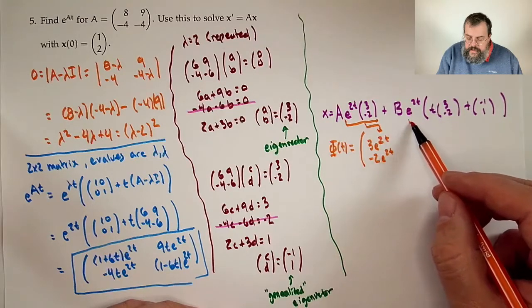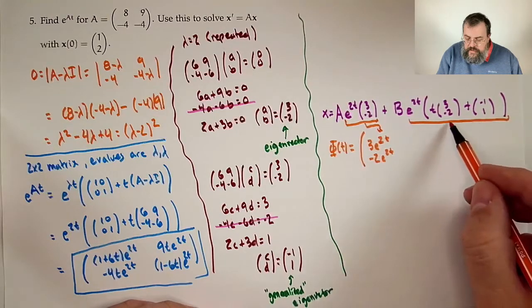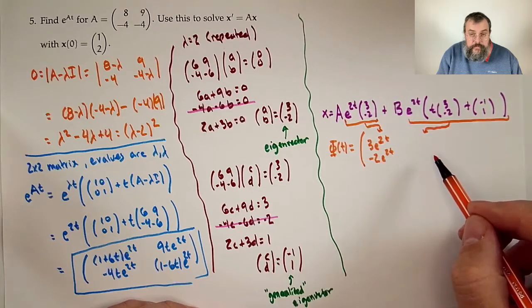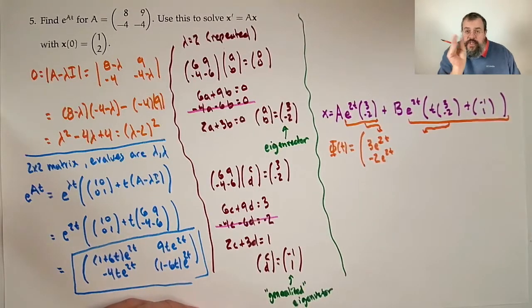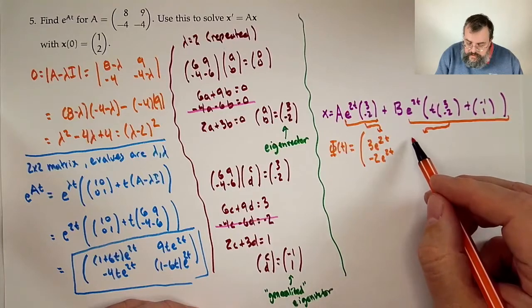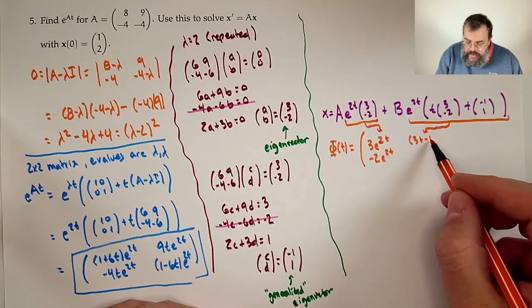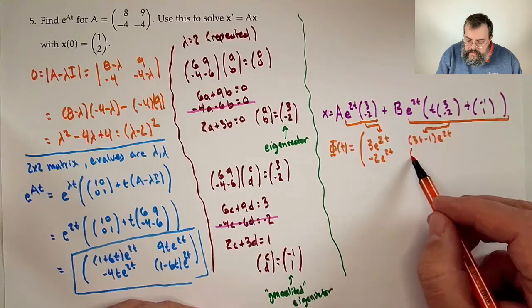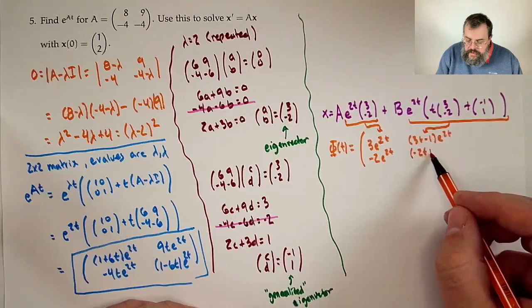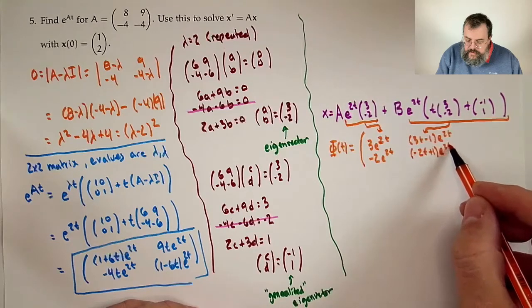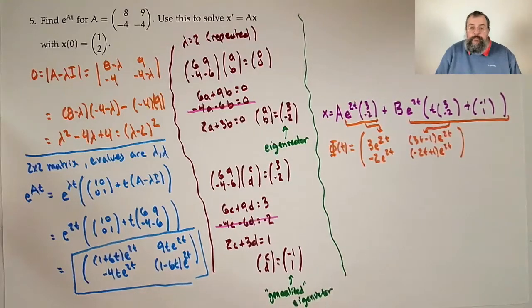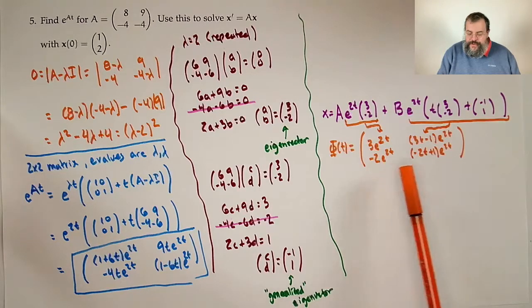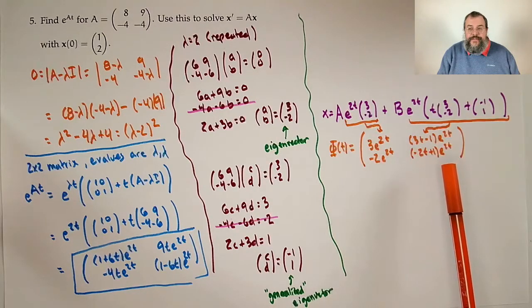And then the second solution is going to become the second column. So you have to sort of squish it all together. And if you do this, you get 3t minus 1 e to the 2t and minus 2t plus 1 e to the 2t.